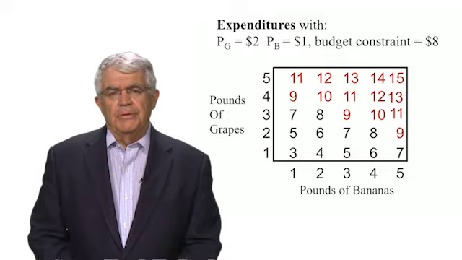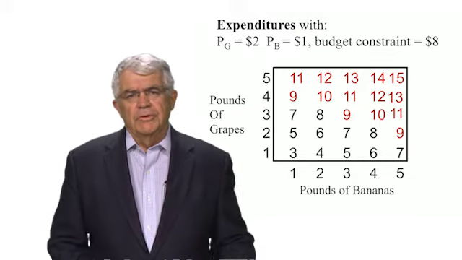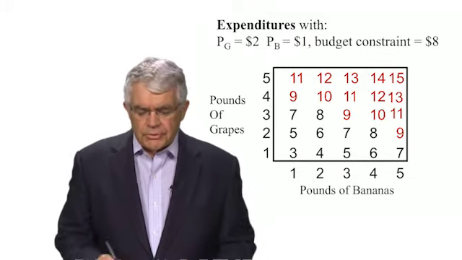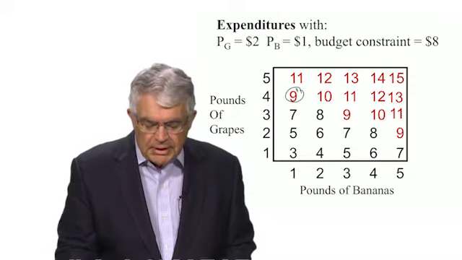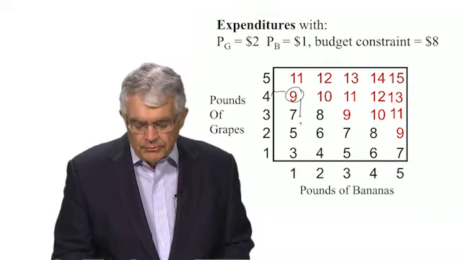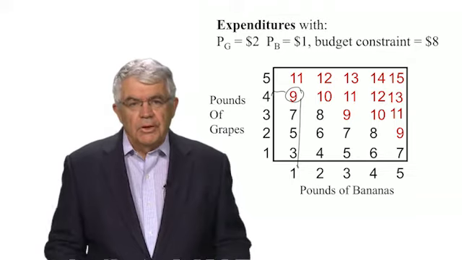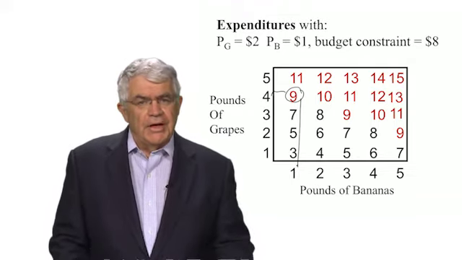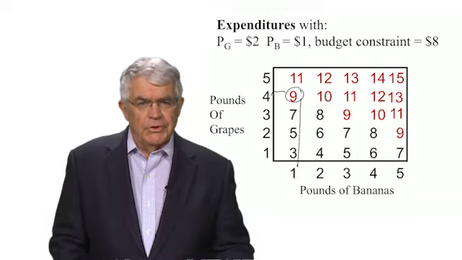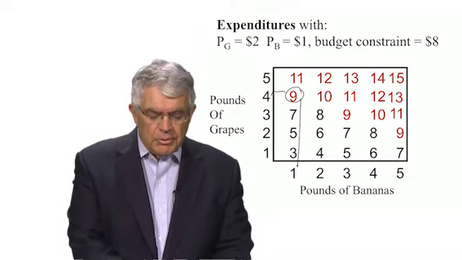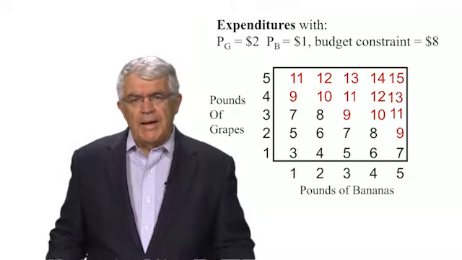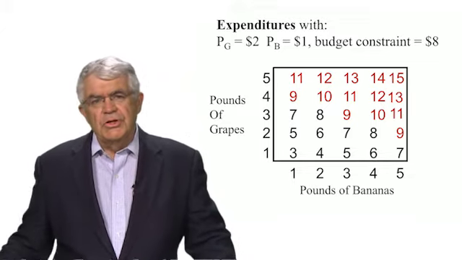A pound of banana would be another $1. That'd take you to $9, in the entry that's in red in that particular table. So in this case, you can't get that. It costs $9 and you only have $8. You could get that if the price of grapes was only $1, but now it's $2. So it's off limits.